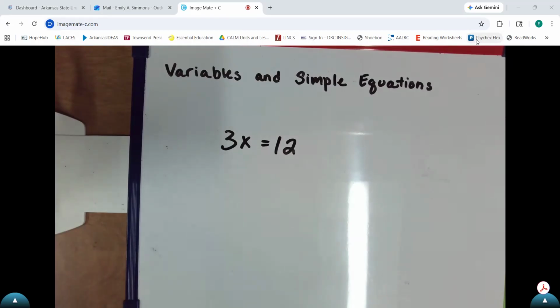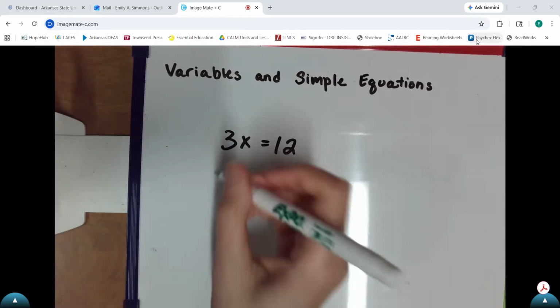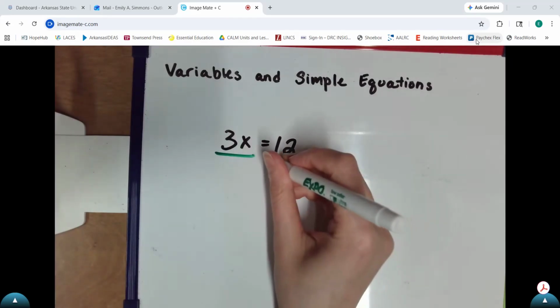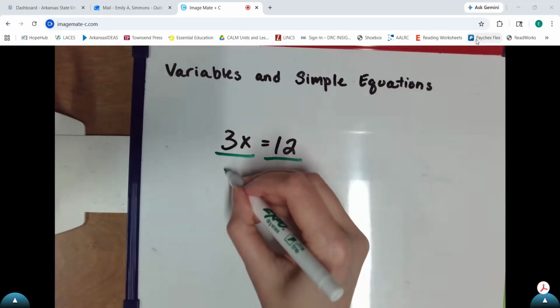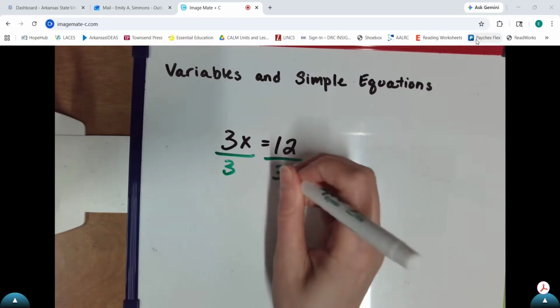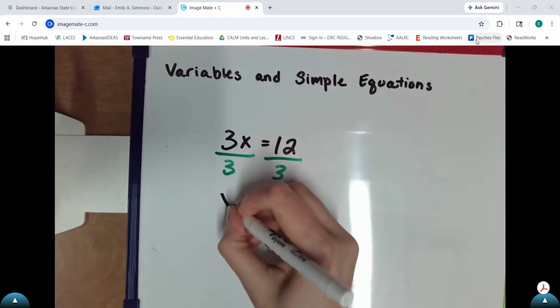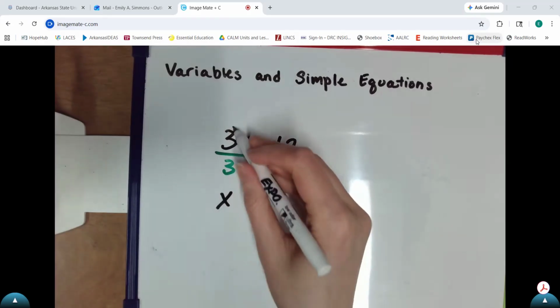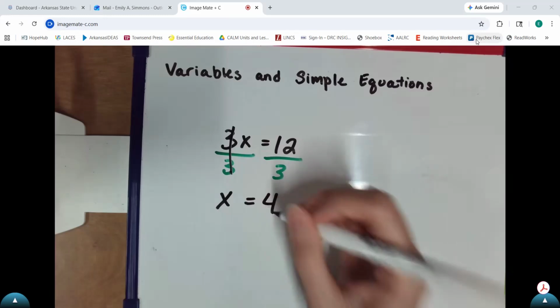And anytime I'm multiplying my variable, I need to divide that number to get rid of it. And if I do it to one side of my equal, I do it to my other side. So this is going to be divide by 3 on both sides. And then my 3's cancel out, and I'm left with 1x equals 4.